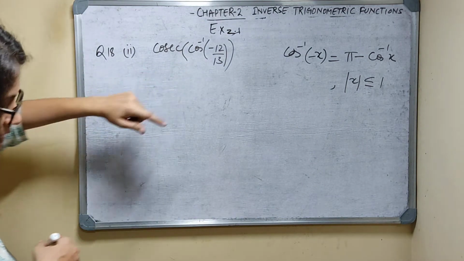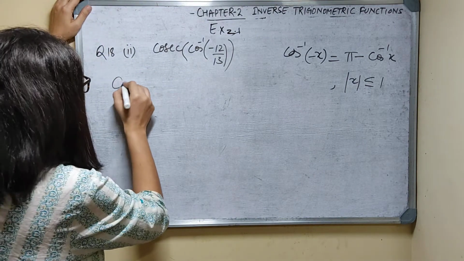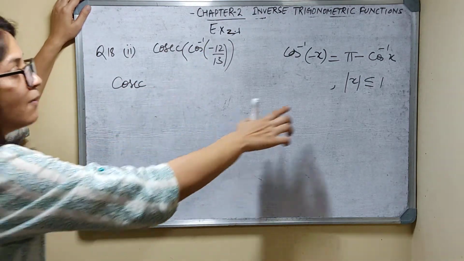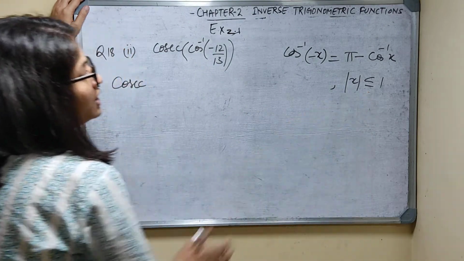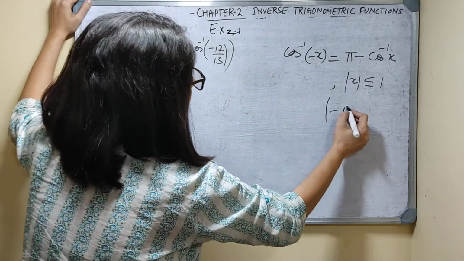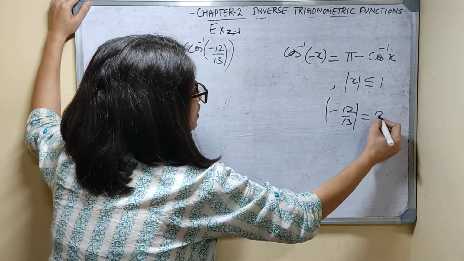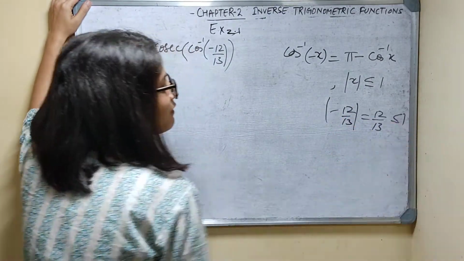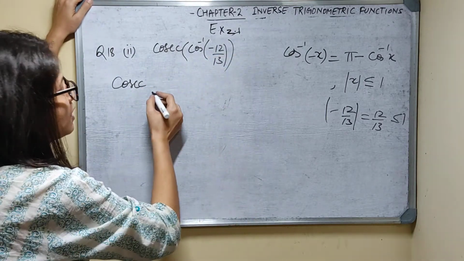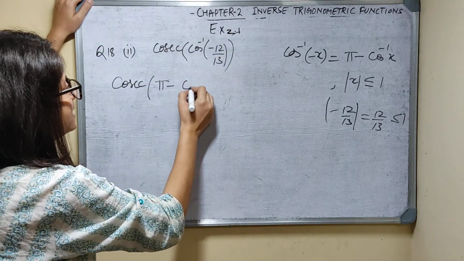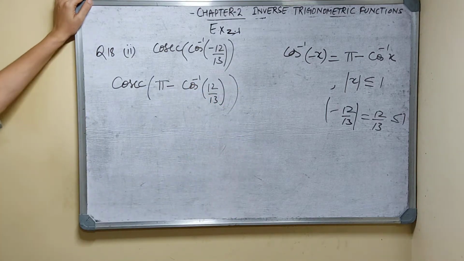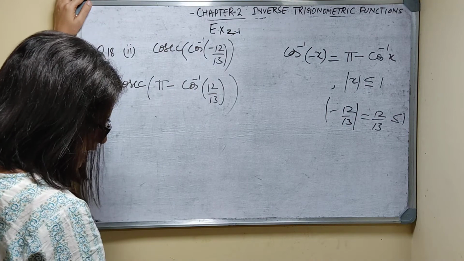So cosec of cos inverse minus 12 by 13: mod of minus 12 by 13 is 12 by 13, which is definitely less than or equal to 1. So I can use this formula, cos inverse of minus x is pi minus cos inverse x. So cosec of pi minus cos inverse 12 by 13.